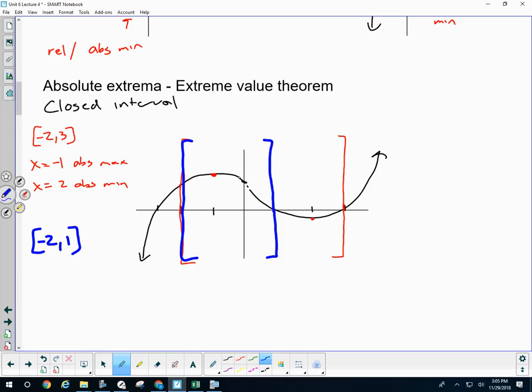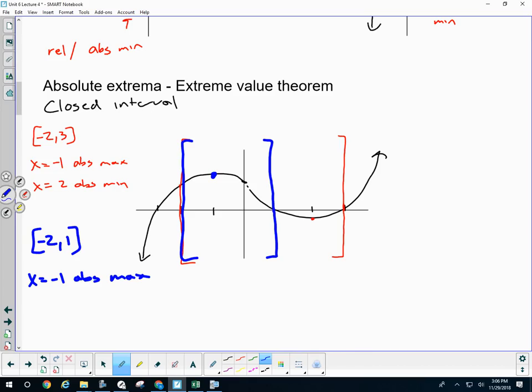Well, again, we can see that at -1, we have an absolute max. Do we have an absolute min, or is it another situation where we don't have an absolute min? We actually do.